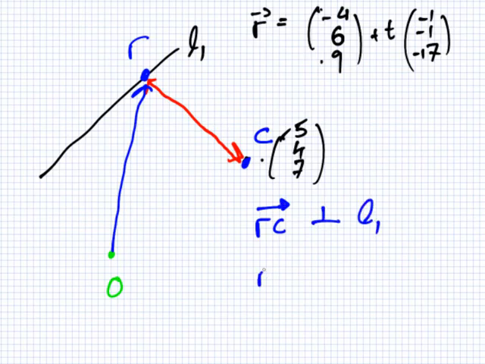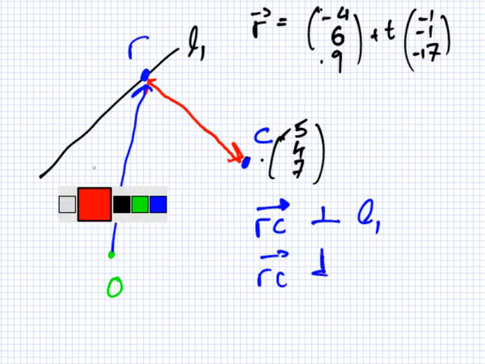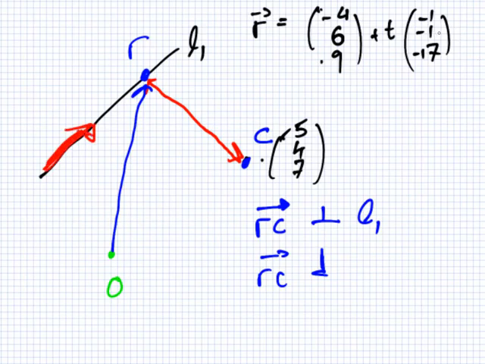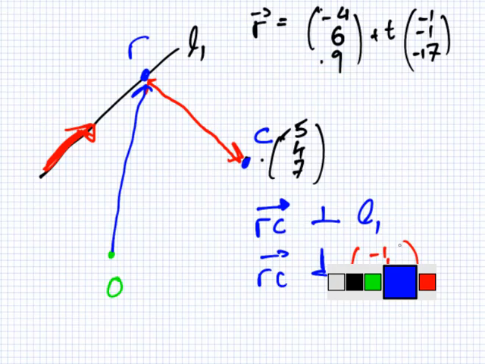What is the direction of L1? What is the vector on L1 that points in the direction of L1? It's this one here, isn't it? Yes. So OR C is perpendicular to (minus 1, minus 1, minus 17). If two vectors are perpendicular, what do you know about their dot product?